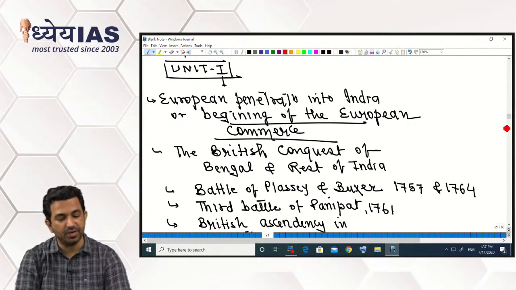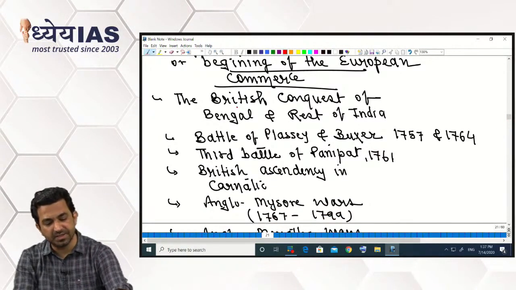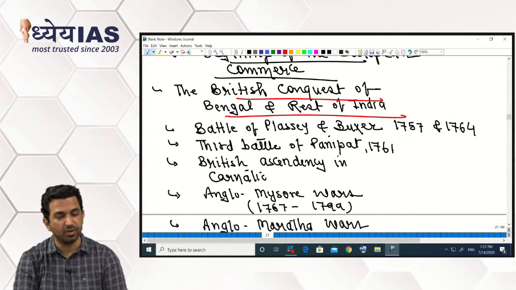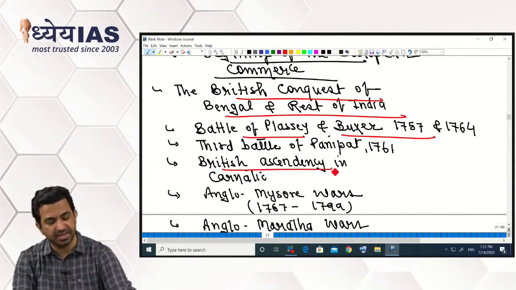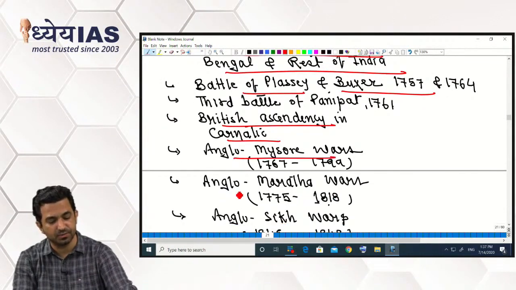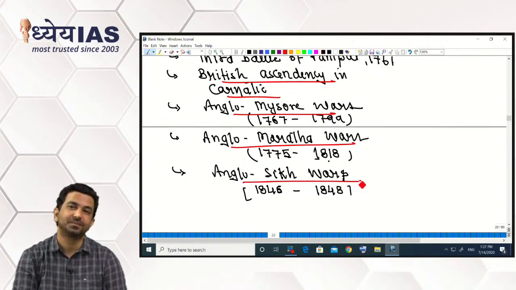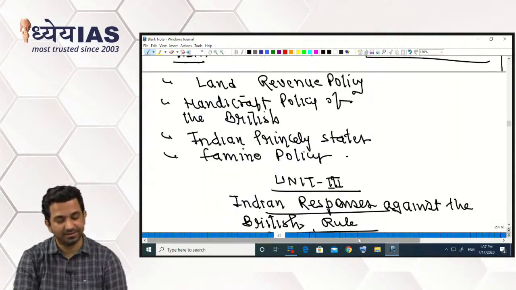European penetration into India and beginning of the European commerce, the British conquest of Bengal and rest of India, Battle of Plassey, Battle of Buxar, British ascendancy in Carnatic, Anglo-Mysore War, Anglo-Maratha Wars, Anglo-Sikh Wars.